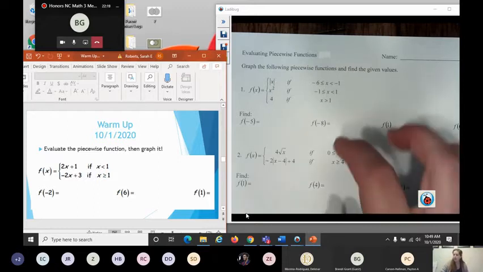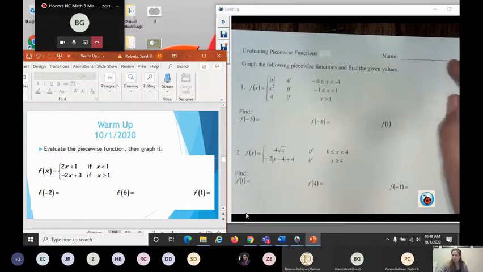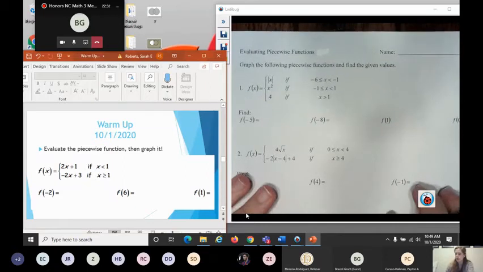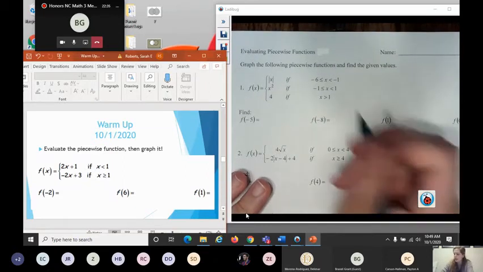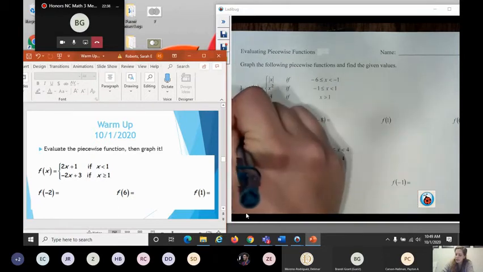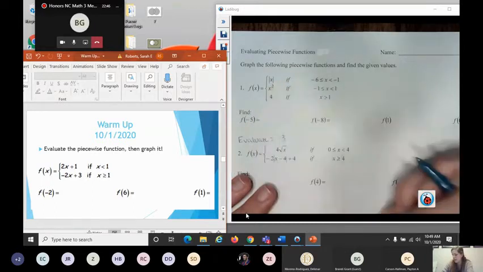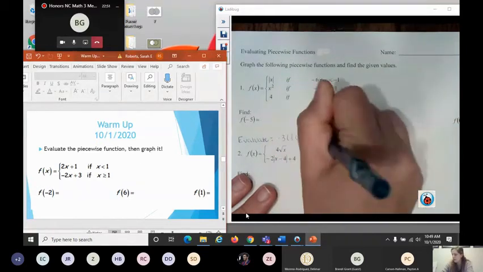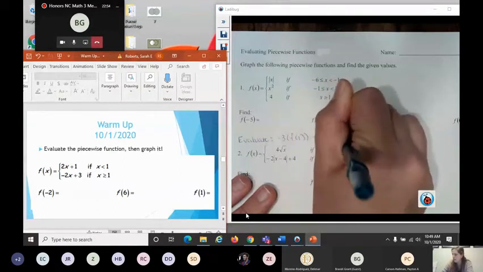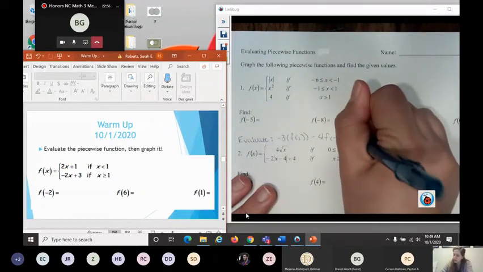I'm going to find the given values here, and I'll probably make a little graph up at the top of each one of these. So we're going to work through this. We can also talk about the issues you had when it would say find or evaluate, something like -3 times f of 1 minus 4 times f of -5, maybe plus f of 0.